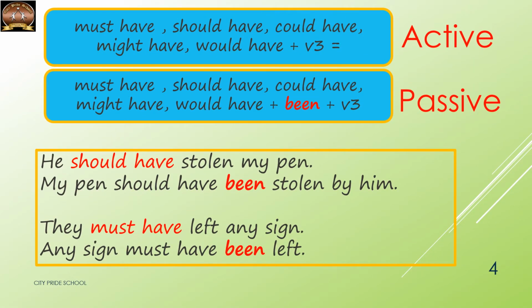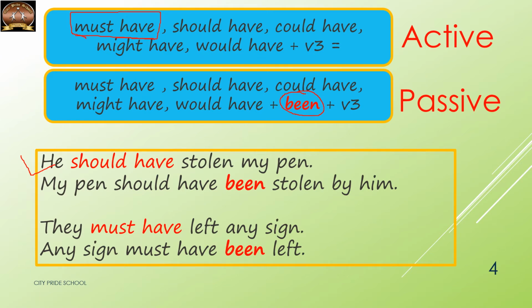Now, in case a sentence has a modal auxiliary with helping verbs like have, so basically a combination of modal auxiliary plus have, then we simply have to insert been after this combination. Let's take this example. He should have stolen my pen.